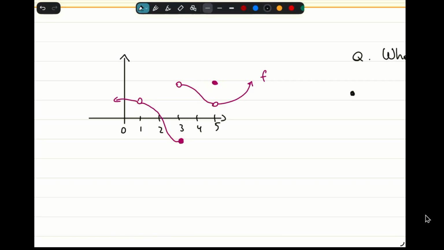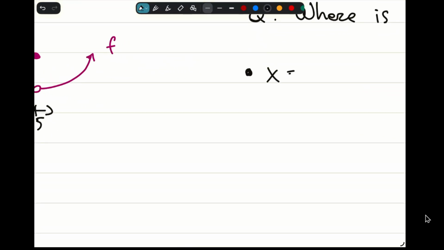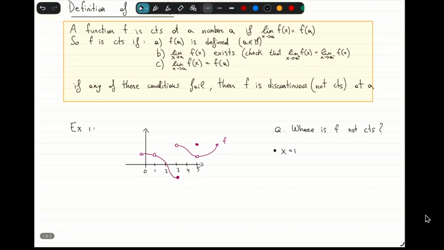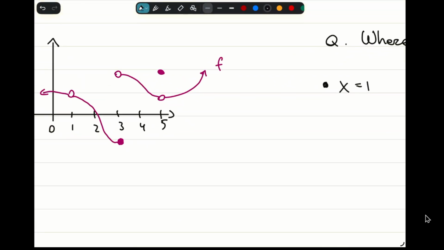Now, there's not really an order to start when you're analyzing the function, but maybe you want to start with the value closest to the x-axis, so why don't we start with x equals 1? So at x equals 1, what can we say? Let's go back to our definition. Is f of a defined? Well, if we take x equals a equals 1, x equals a was from up here.